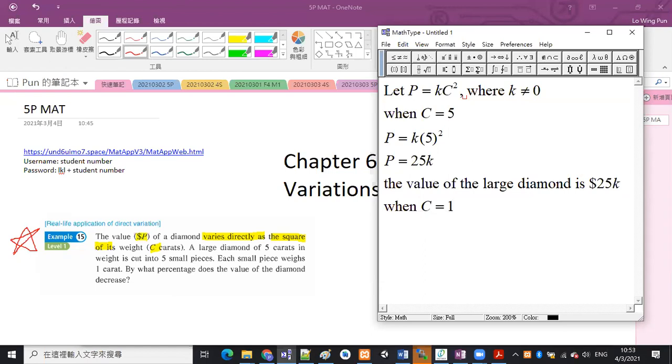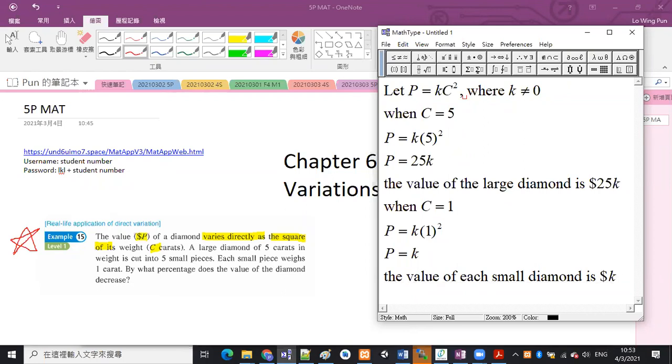So we put C equals 1 into our equation to calculate the value of P. And again, we are not able to calculate the value of K. We just leave K as the unknown. So P is equal to K times 1, which is just K. So the value of each small diamond is just $K.